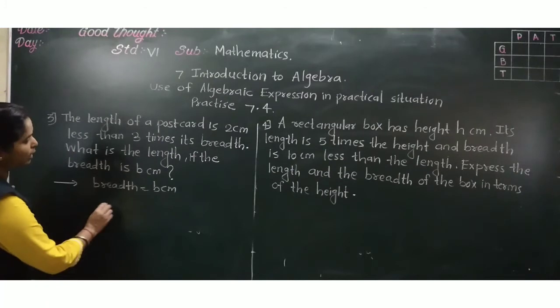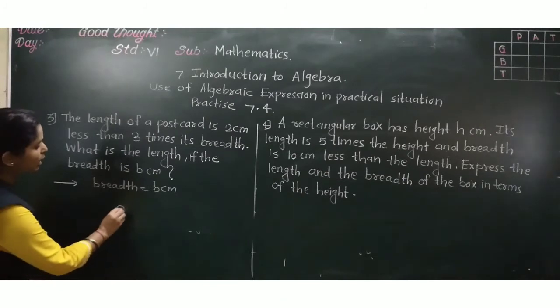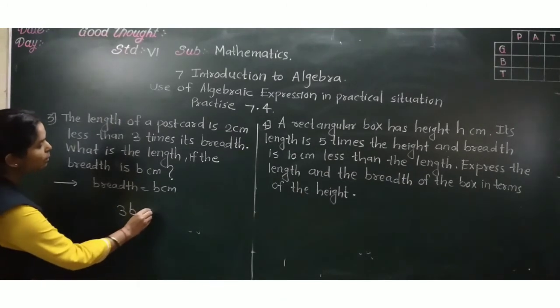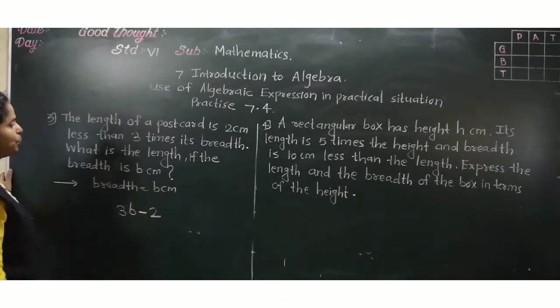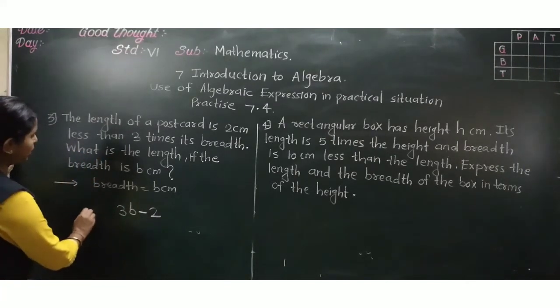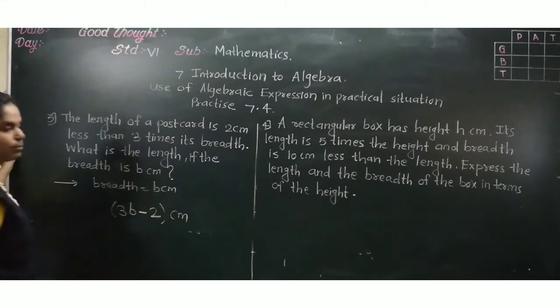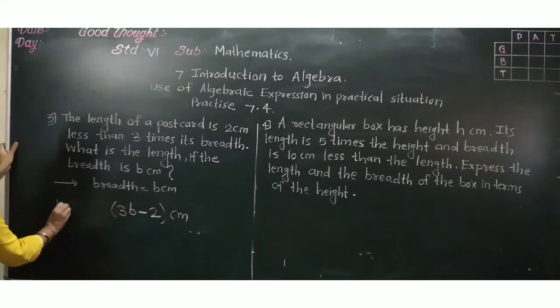Now what will be the length? It is 2 centimeter less than 3 times the breadth, means 3b minus 2. Okay. So the length is 3b minus 2 centimeter. Understood?